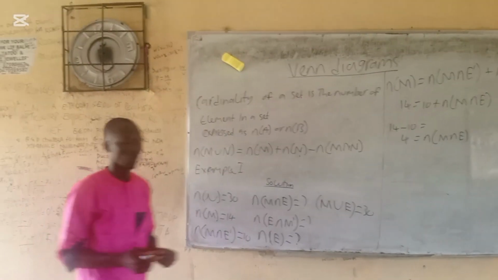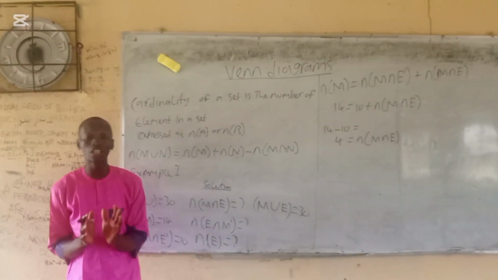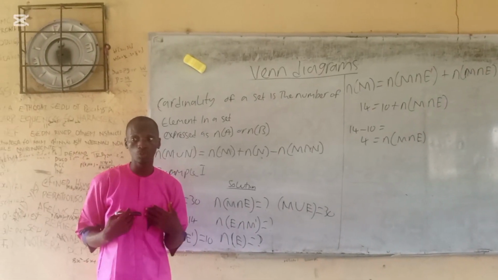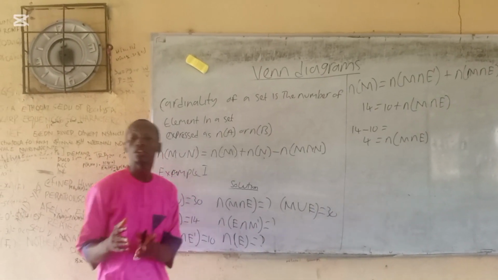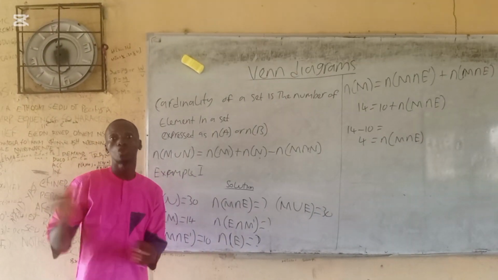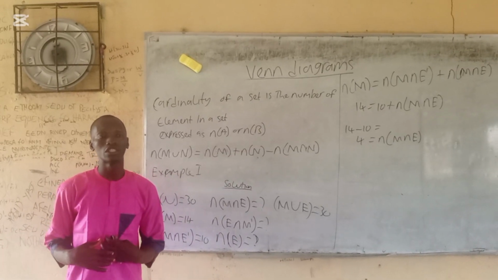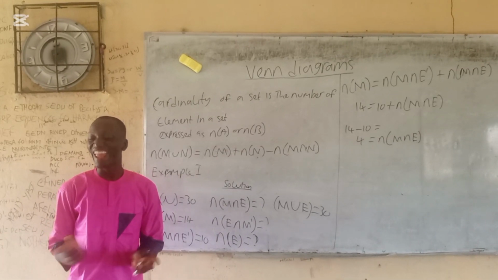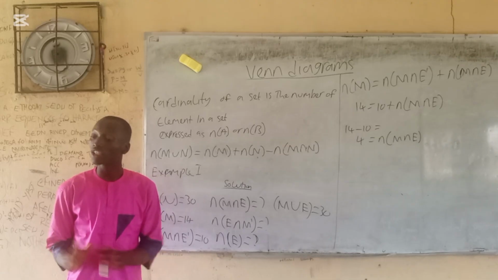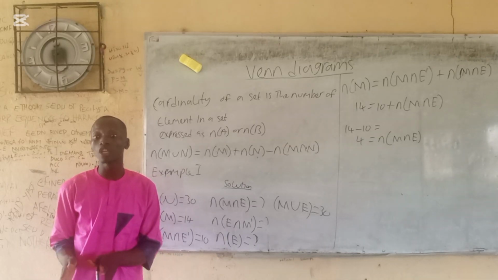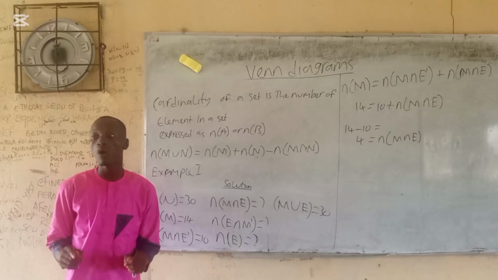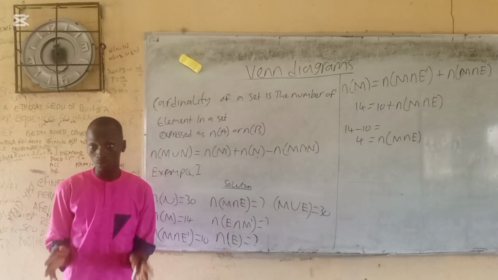Yeah. Because according to the question, they didn't tell us that out of the 30, some are not doing any of the subjects. Since they didn't give us that information, all the 30 students participate in at least one subject.